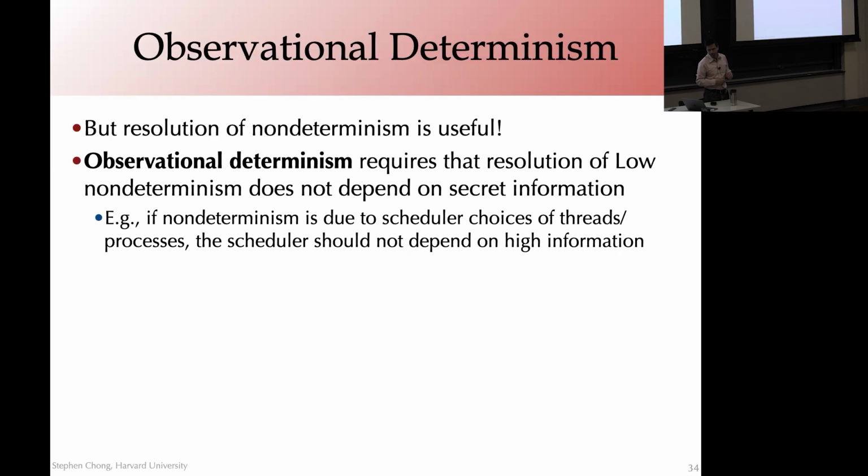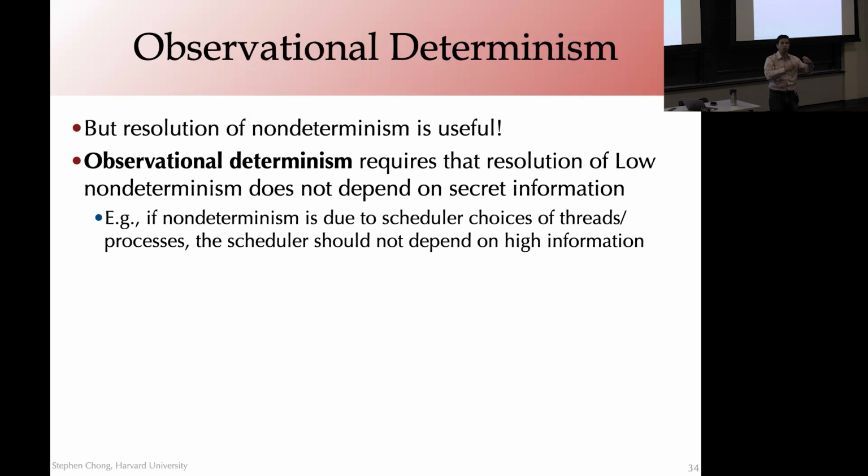So a notion of observational determinism that actually Steve Zdancewic and Andrew Myers rediscovered and expanded on in the context of non-interference requires that the resolution of low non-determinism doesn't depend on secret information. So for example, if we have a concurrent system where we have a scheduler and that scheduler is scheduling threads, right? The scheduler choices are one of the ways that non-determinism is refined.